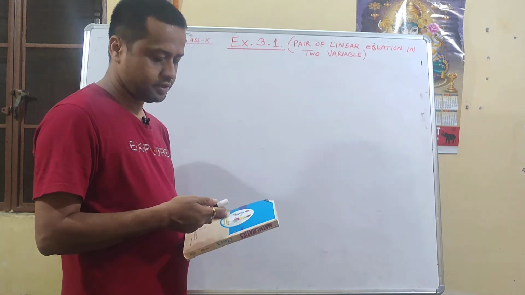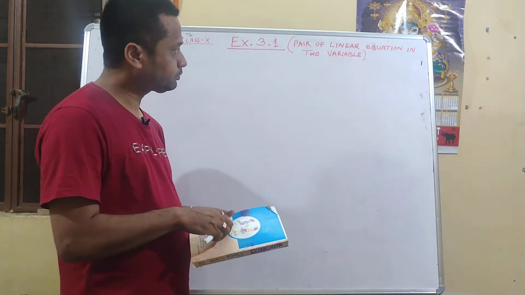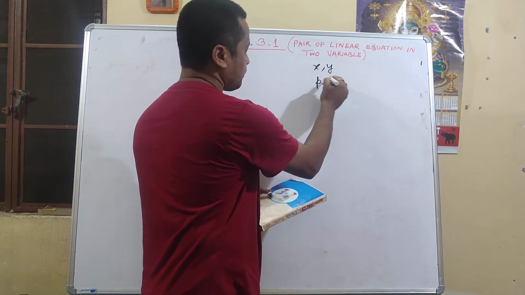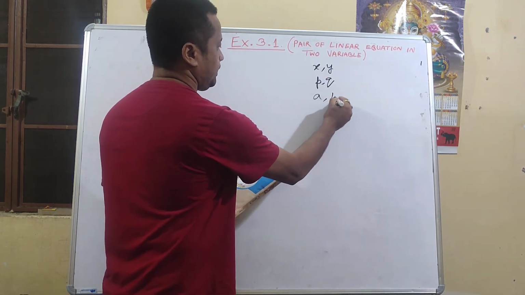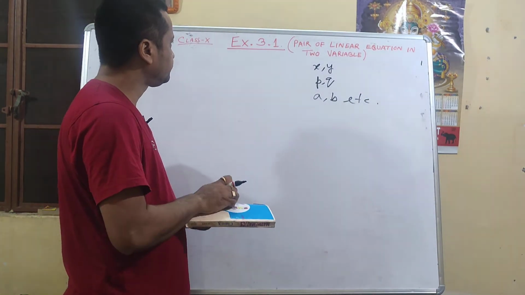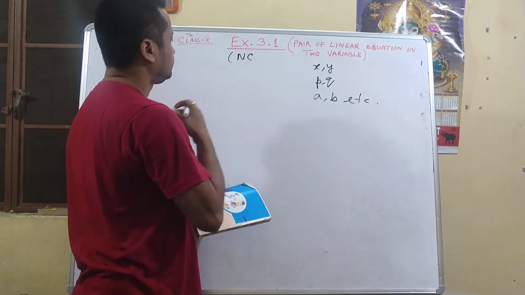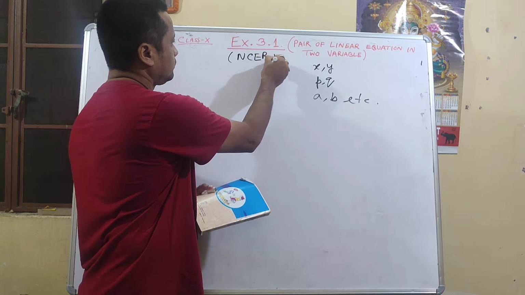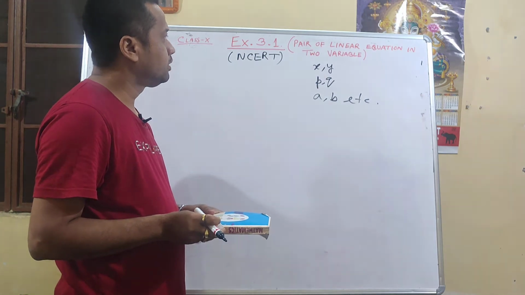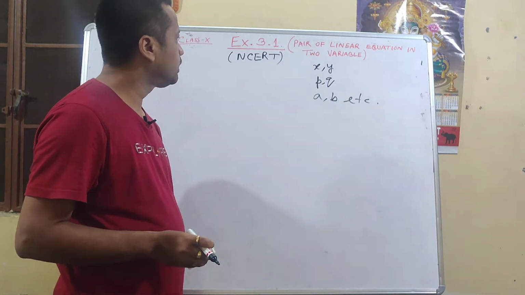Two variables means whether it is x, y, a, b or p, q, etc. For exercise 3.1 in your NCERT textbook, the chapter is on linear equations in two variables, so here it is a pair of linear equations, which has the same meaning, two variables.